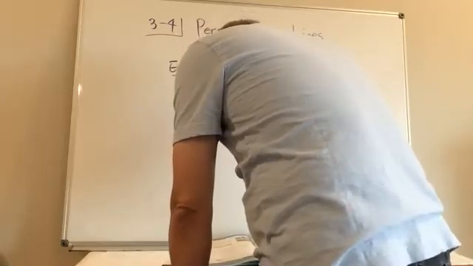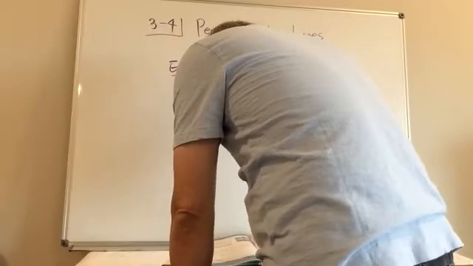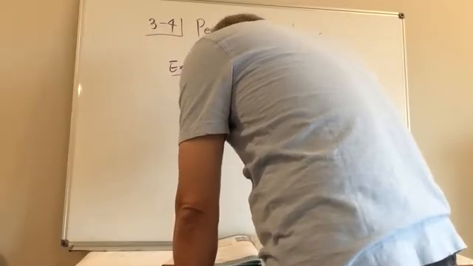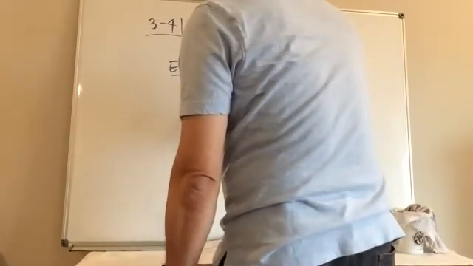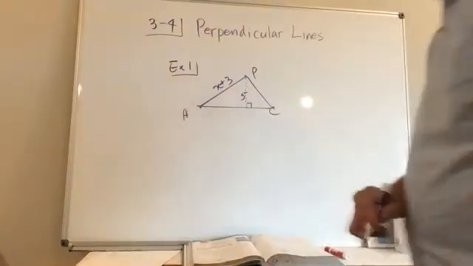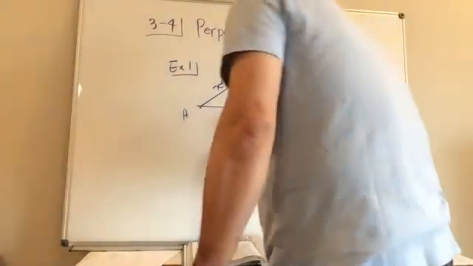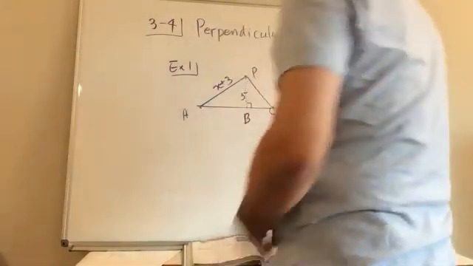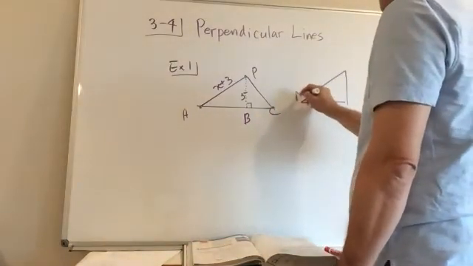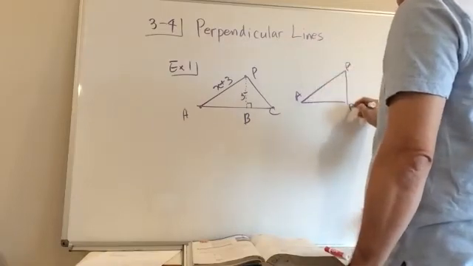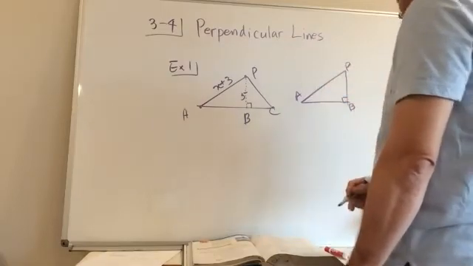And now in B, it says write and solve an inequality for X. So if I went like this, and this was 5, and this was X plus 3, we'll call this B. If you look at triangle A, P, B, you're going to have a 90-degree angle here.